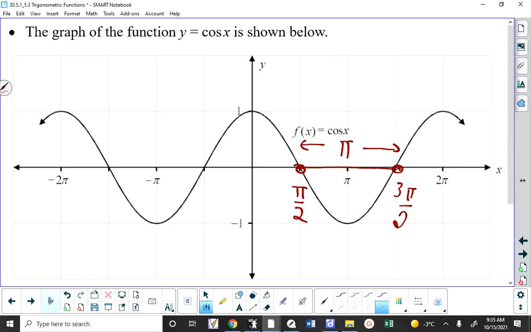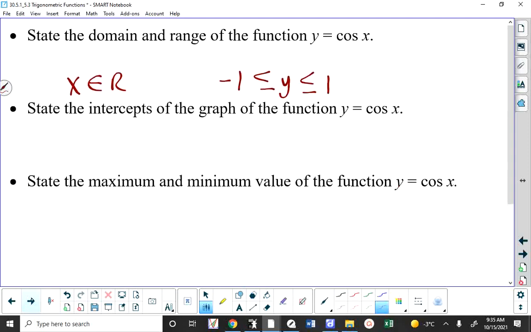And the distance from pi over 2 to negative pi over 2 is pi. So the x-intercepts are still separated by pi, just like with sine of x, but the first x-intercept is not at the origin. It's at pi over 2. So what we have to do for the x-intercepts here is say the x-intercepts are pi over 2 plus multiples of pi.